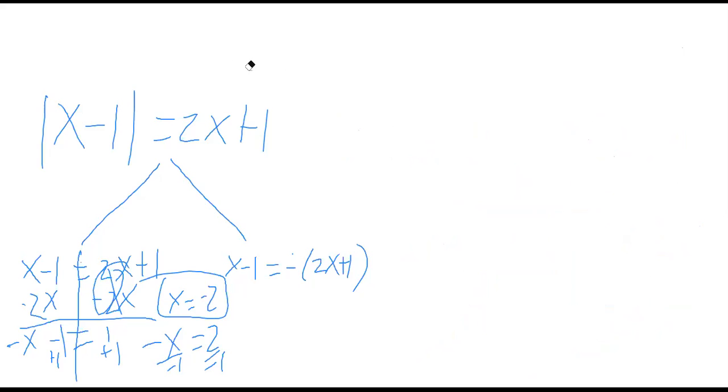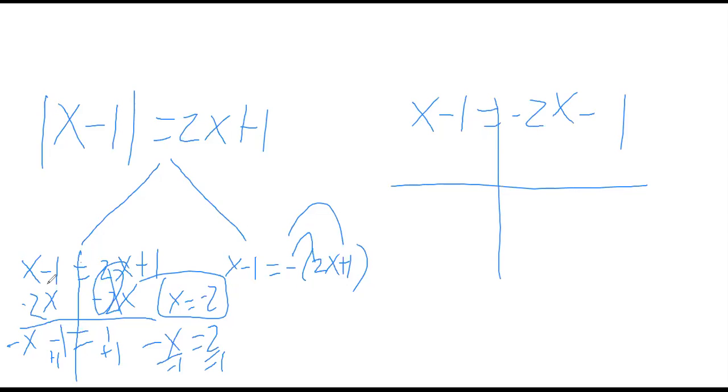So on the other side, we should have a negative. So it should be x minus 1 equals negative 2x minus 1. And now same steps, except this time we're going to add 2x.